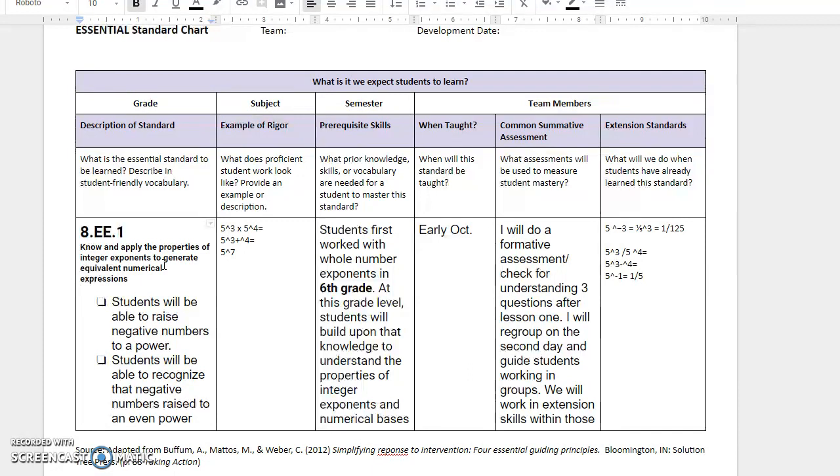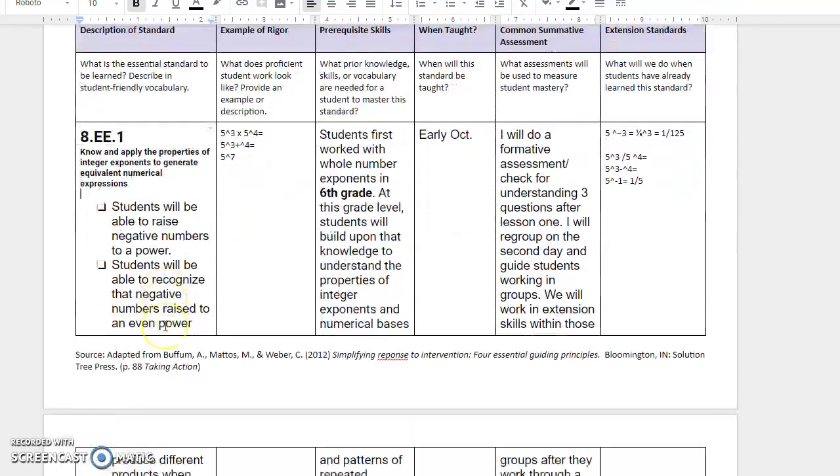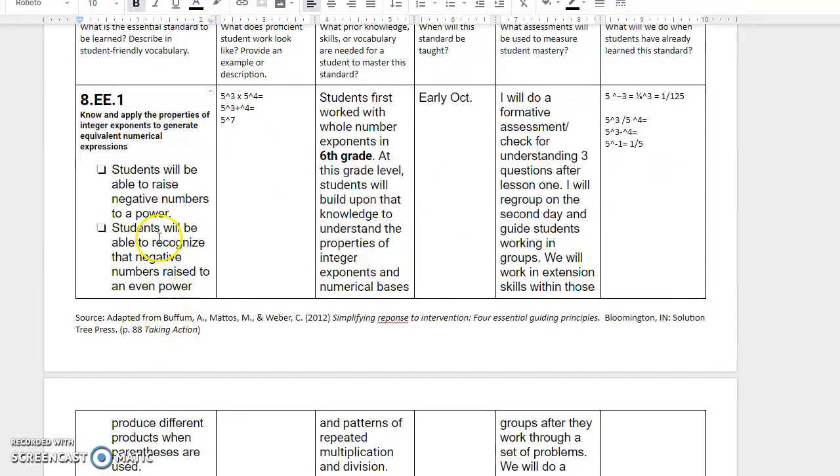So for the description of standard, we're using: know and apply the properties of integer exponents to generate equivalent numerical expressions. When I was looking at that standard and thinking about skills that students would need, first, students will be able to raise negative numbers to a power.